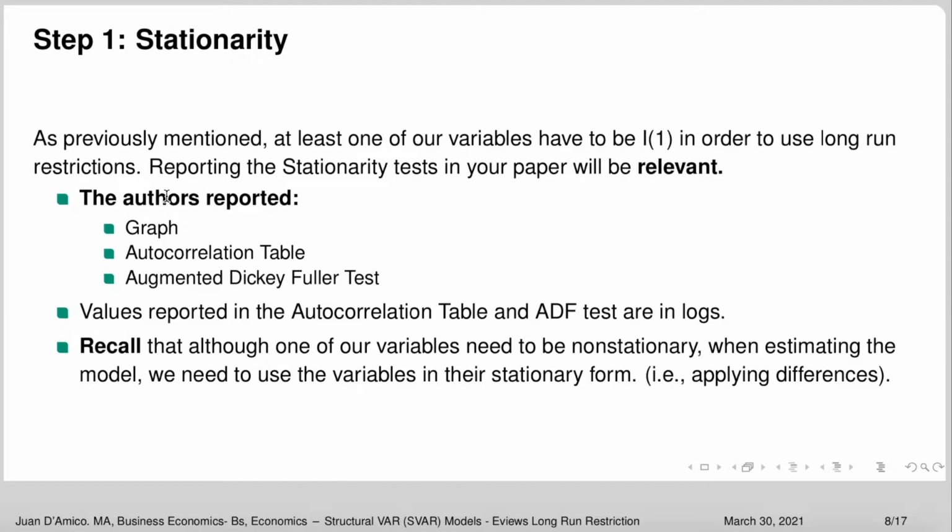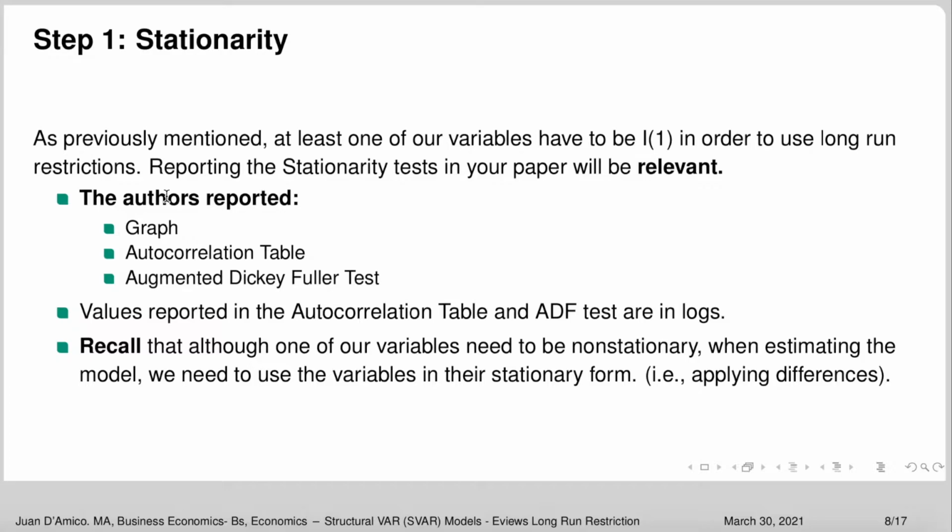If you are writing a paper using a structural VAR with a long-run restriction, as this is a requirement, you will definitely be interested in reporting these results. The authors have done a graphic analysis, and then they have included an autocorrelation table and the augmented Dickey-Fuller test. The values that they have reported for both the autocorrelation and the augmented Dickey-Fuller test use variables in logs.